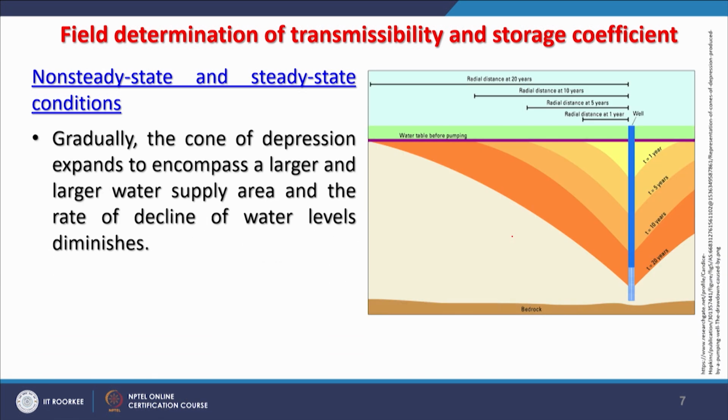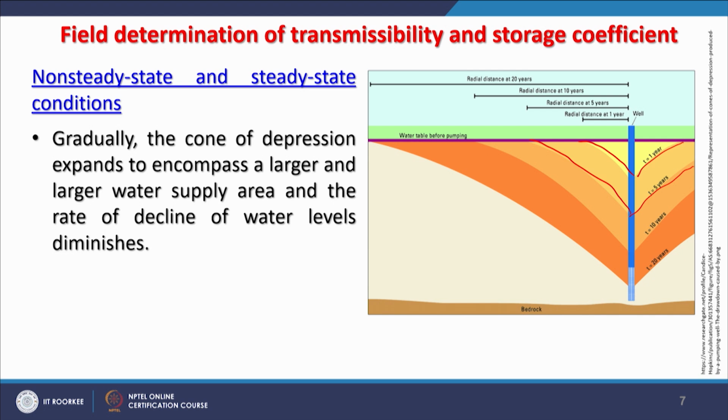So, gradually this cone of depression may develop like this, as shown through 4 or 5 bands of different colors. Initially the cone of depression might be this, then it can become like this, and later on it will expand laterally, and not only laterally but vertically too, if we keep withdrawing water from the well.